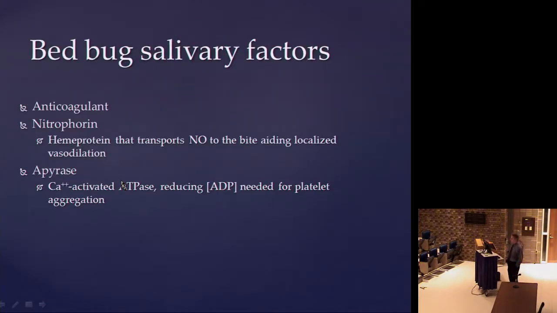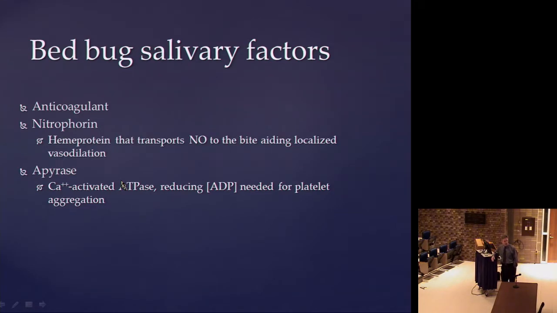Interestingly, and we've always heard that blood-sucking arthropods have different ways to prevent blood clots or prevent the person from feeling it. Bed bugs are the same. They have an anticoagulant in their saliva, something called nitrophorin, which is a heme protein that transports nitric oxide that promotes vasodilation at the site, so that helps keep blood flow going.